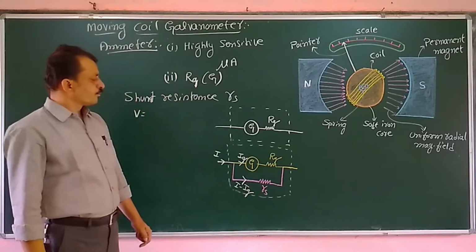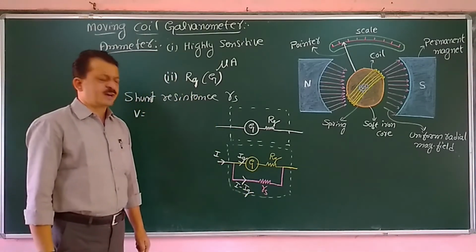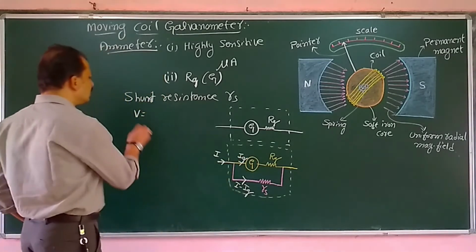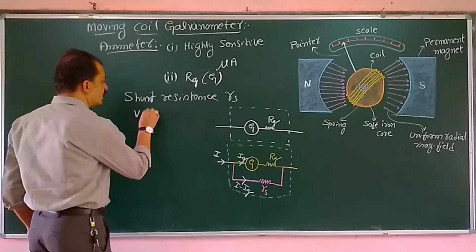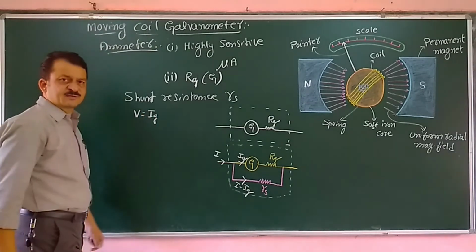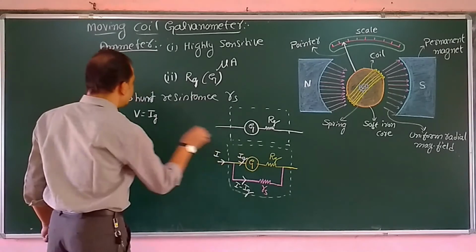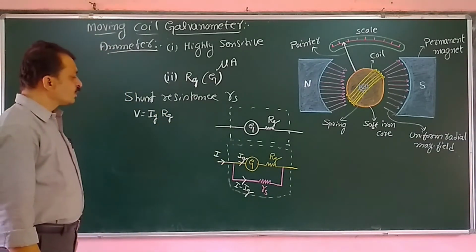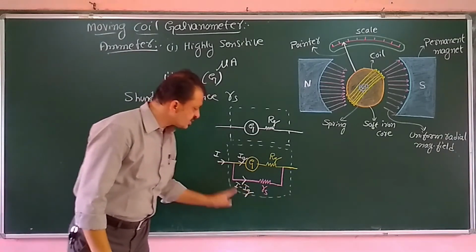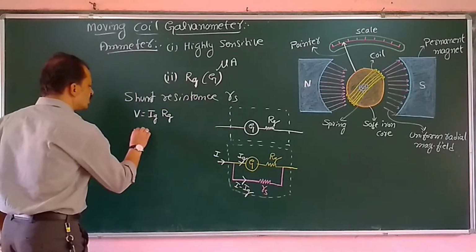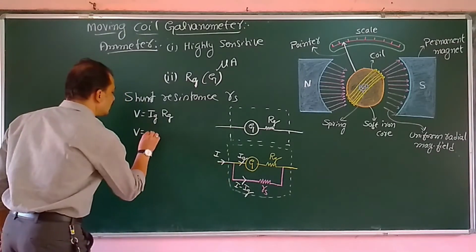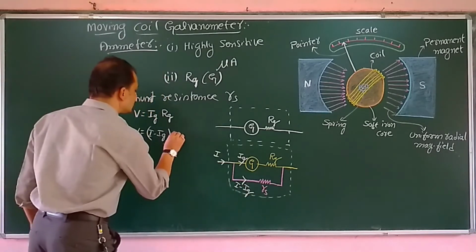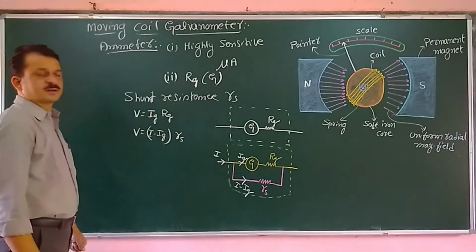That we have studied in the third chapter. In a parallel combination, current divides. So what is the potential drop across the galvanometer? It is the full scale deflection current multiplied by its resistance, Ig into Rg. Similarly, the potential drop across the shunt resistor is the current I minus Ig multiplied by the resistance Rs.